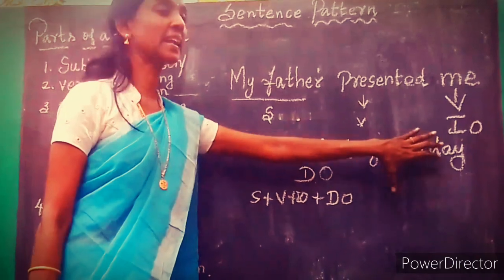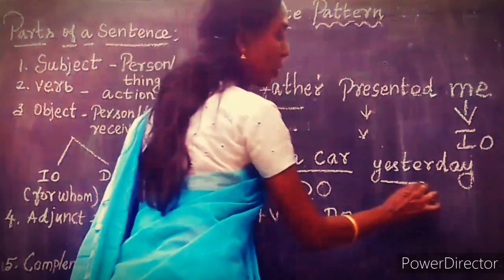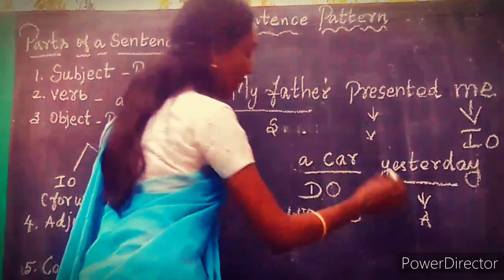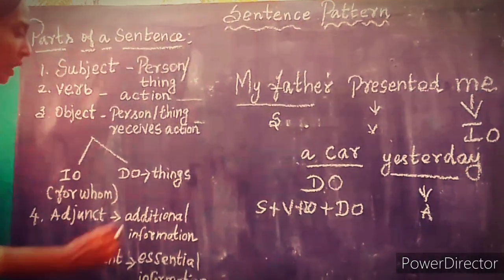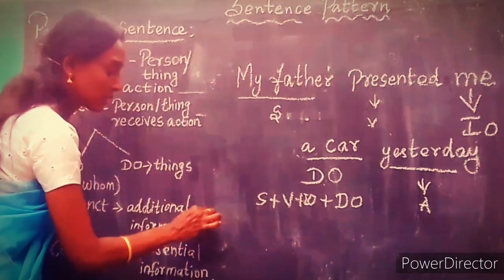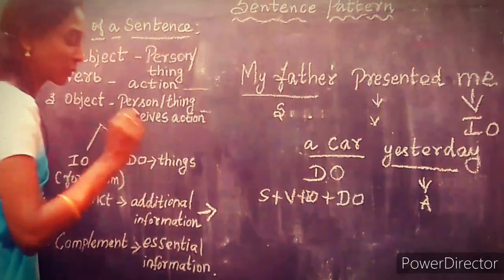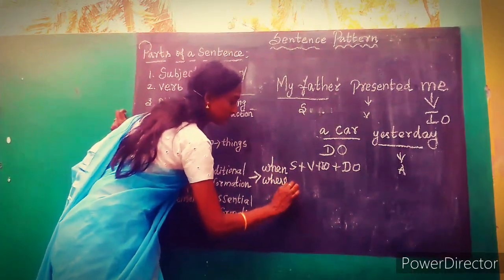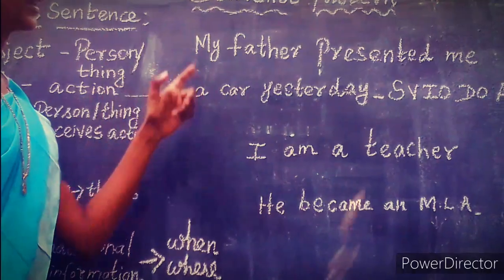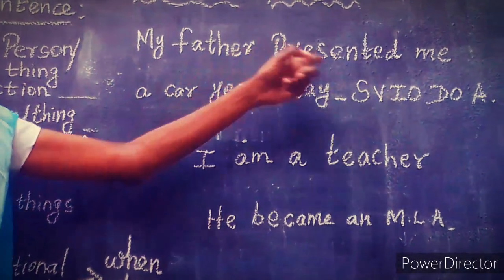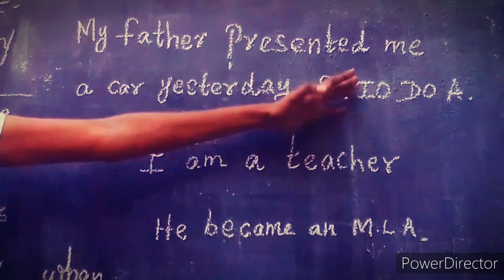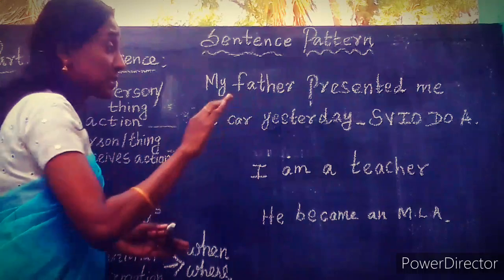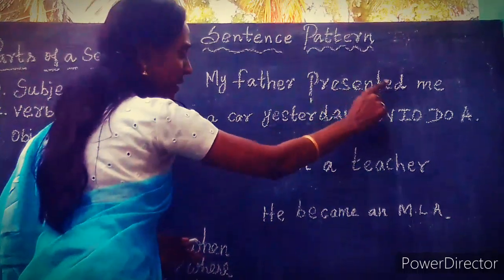But it is additional information, so it is called adjunct. For adjunct, it gives the answers for the questions when, where, how. Already we have discussed this example. My father presented me a car yesterday. S V IO DO A.